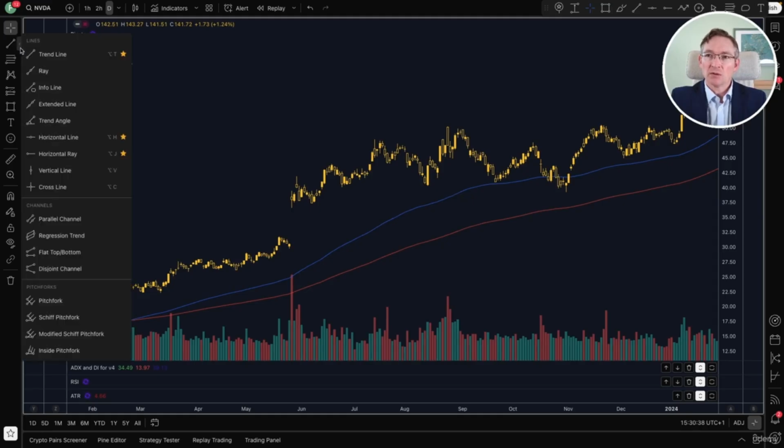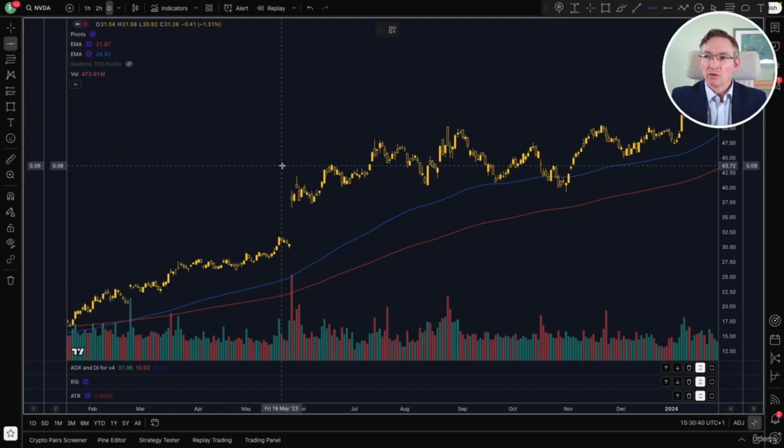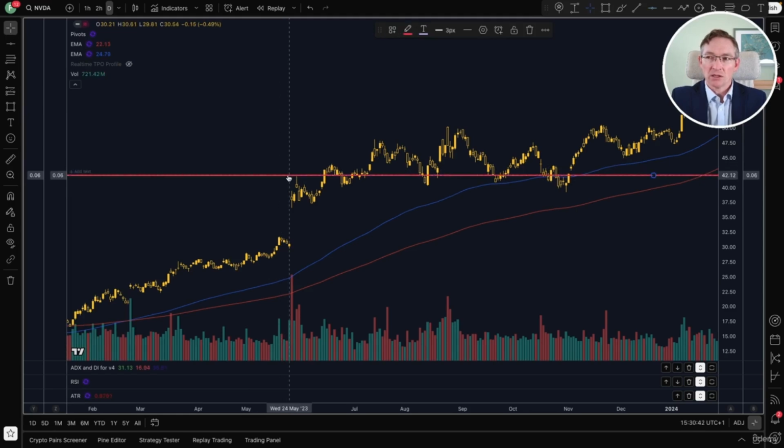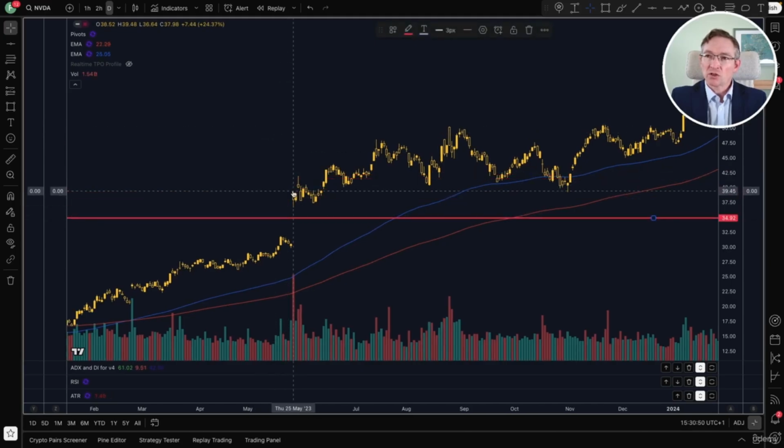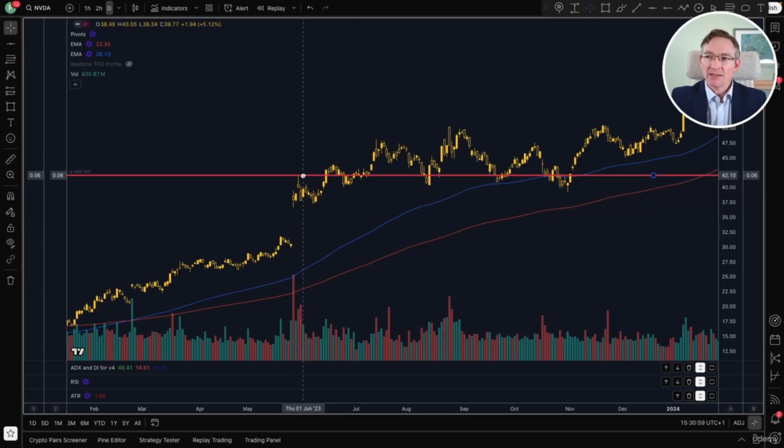Now, the first mistake that people make when they think of support and resistance levels is they see them as lines rather than zones. Let me give you an example. You see here, you've got this swing high in NVIDIA on May the 30th. Price pulls back. Now that level becomes very significant, and that is a near-term resistance level.